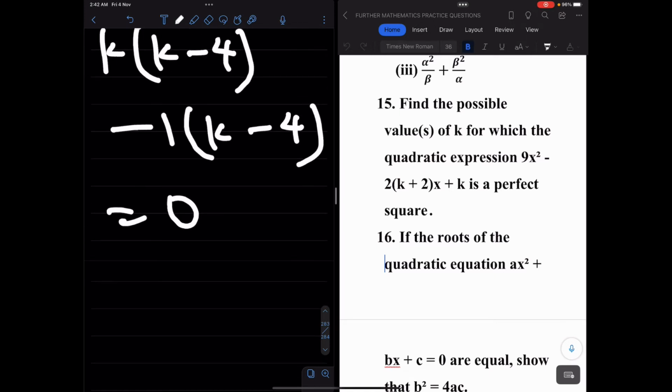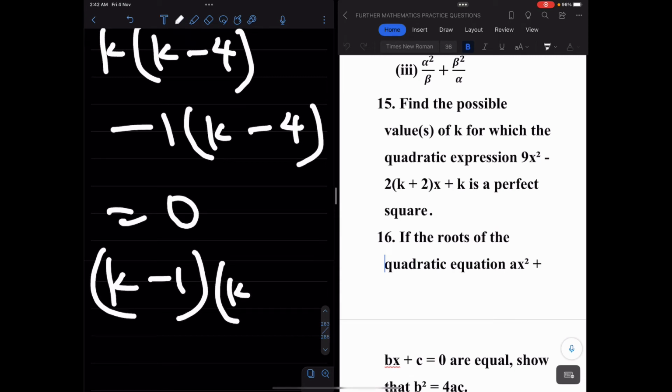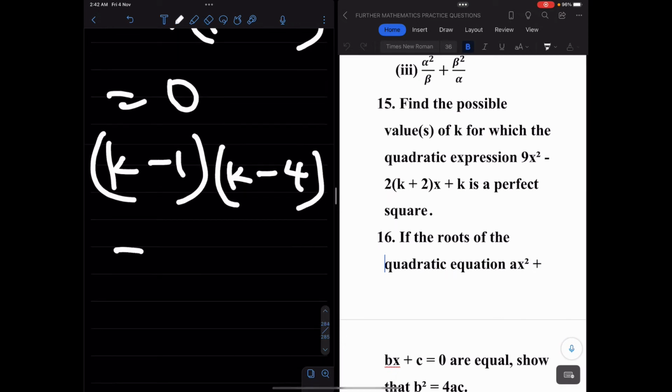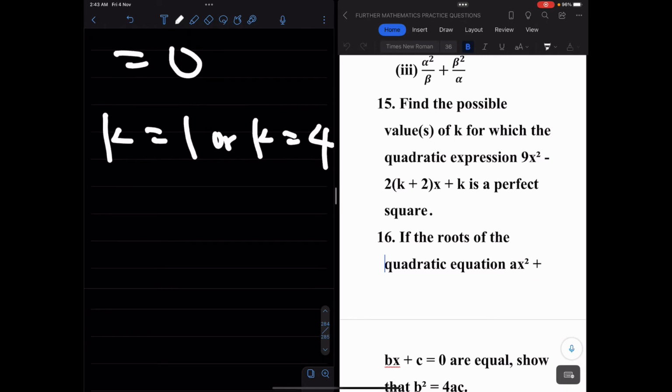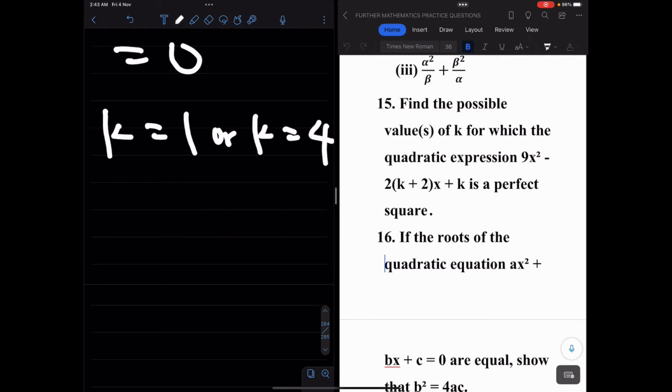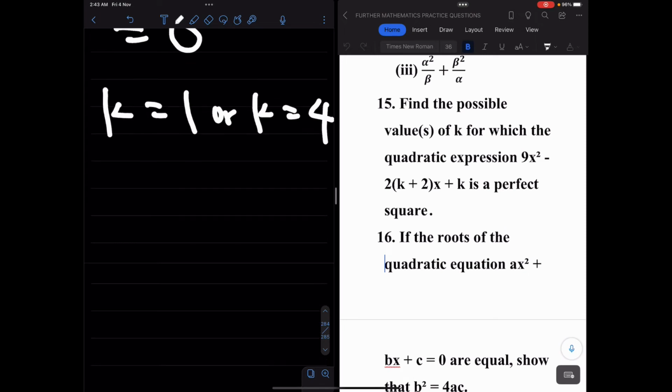And that means k minus 1 times k minus 4 equals 0. That simply means k equals 1 or k equals 4. And those are the possible values of k for which the quadratic expression 9x squared minus 2 into bracket k plus 2 times x plus k is a perfect square.